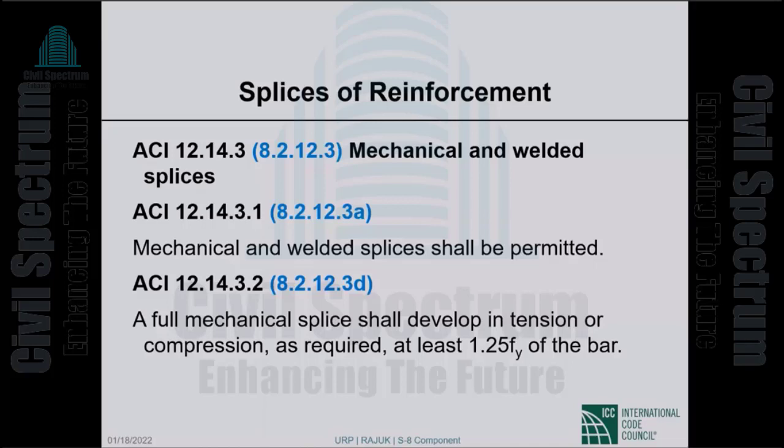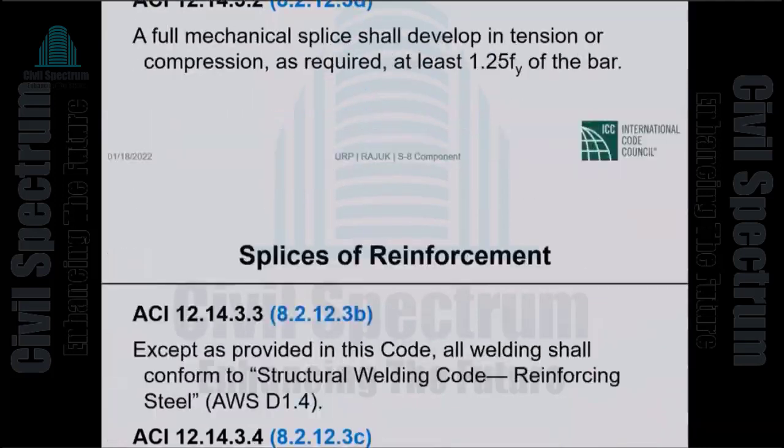It is an attractive solution provided you can afford it, and provided you have access to the bars on which mechanical splices are to be installed. Okay? So anyway, a full mechanical splice develops 125% of the yield strength of the bar.